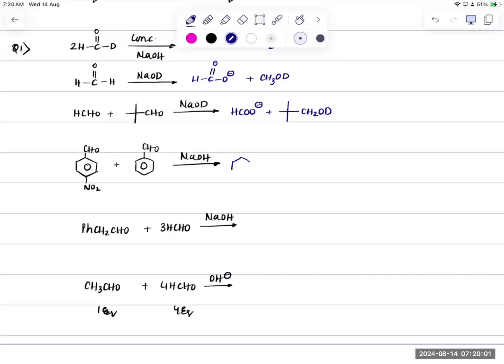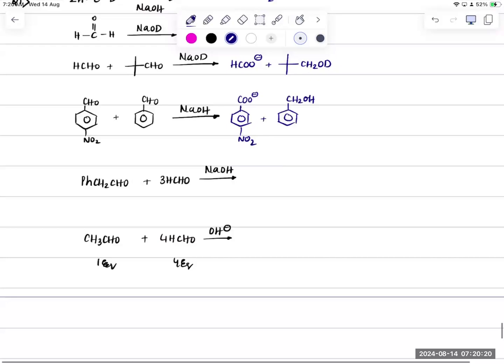So that will become acid. So we will get CO minus, NO2, and this part of aldehyde will get reduced to alcohol.